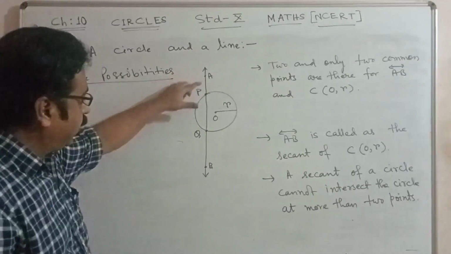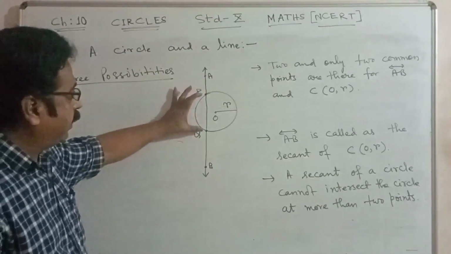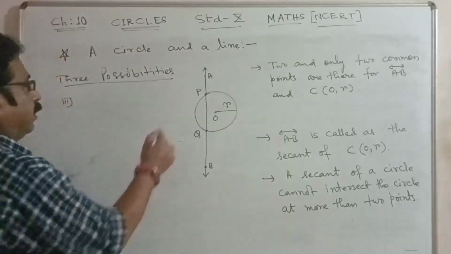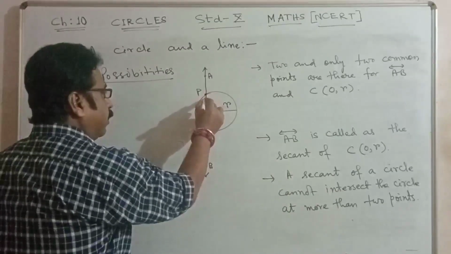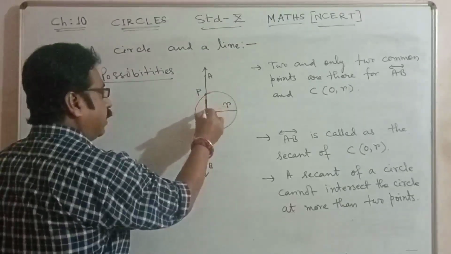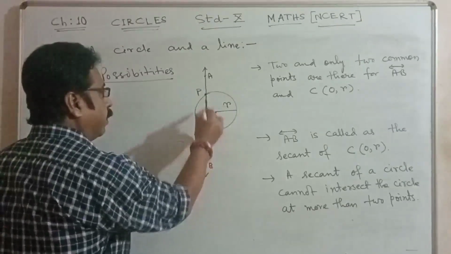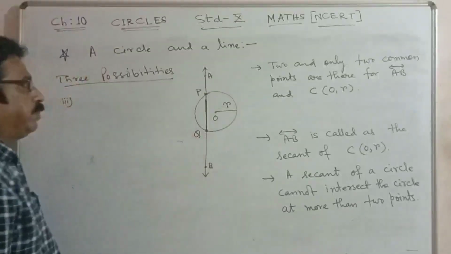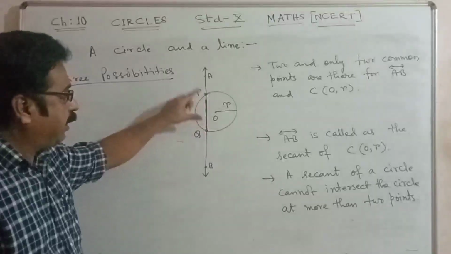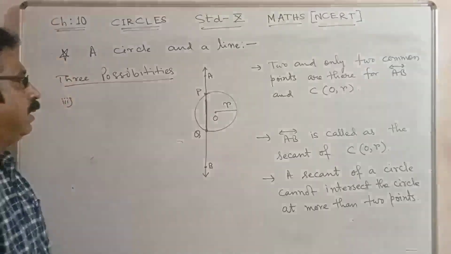Observe this line AB and this line segment PQ. PQ is the line segment of this line AB. This line segment is a part of this line AB.